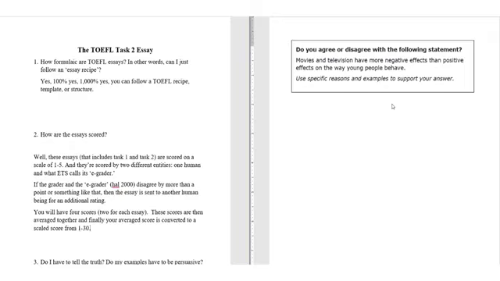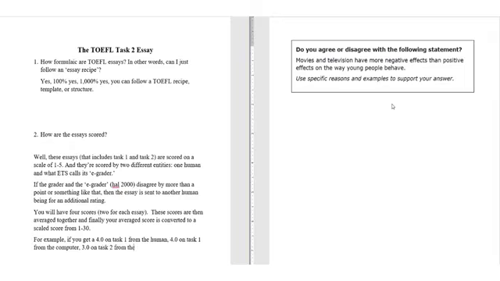So, for instance, I'll give you an example. If you get a 4.0 on Task 1 from the human, 4.0 on Task 1 from the computer, let's say 3.0 on Task 2 from the human, and 4.0 on Task 2 from the computer, your average is going to be 3.75.